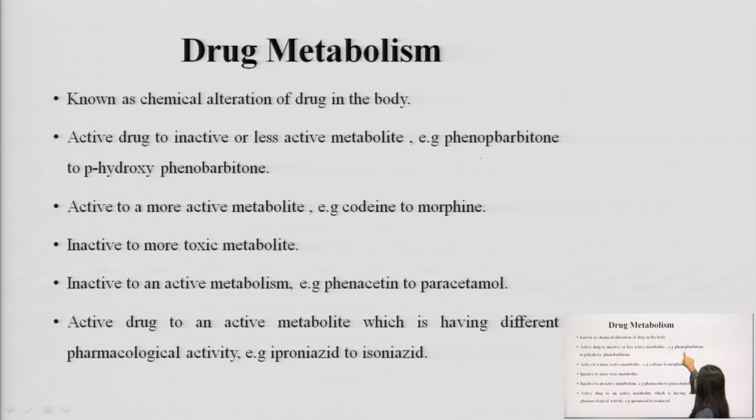For example, phenobarbital is more active than para-hydroxyphenobarbital. Next is active to a more active metabolite, for example codeine to morphine. Codeine was an active compound, but after metabolism the new compound formed, morphine, is obviously more active than codeine.